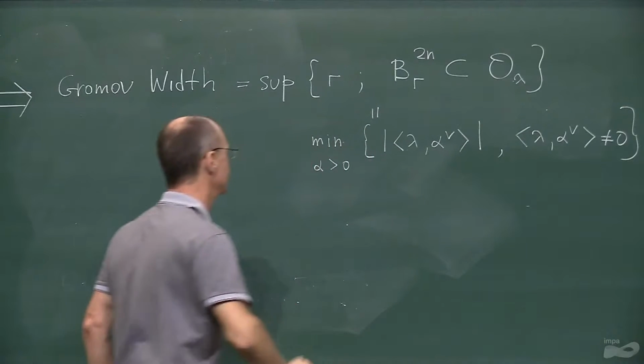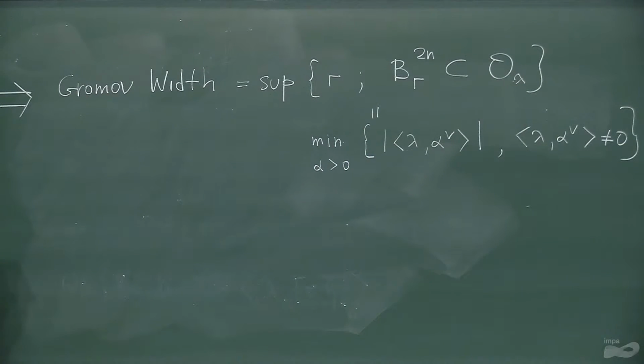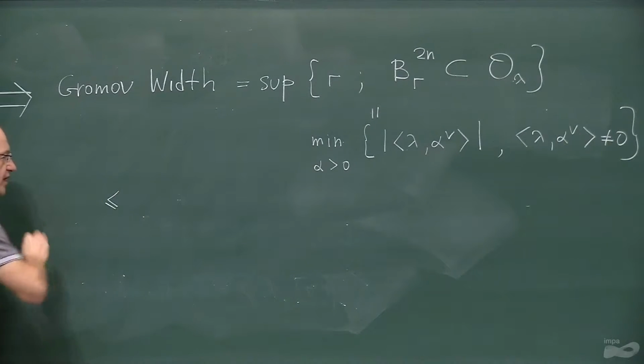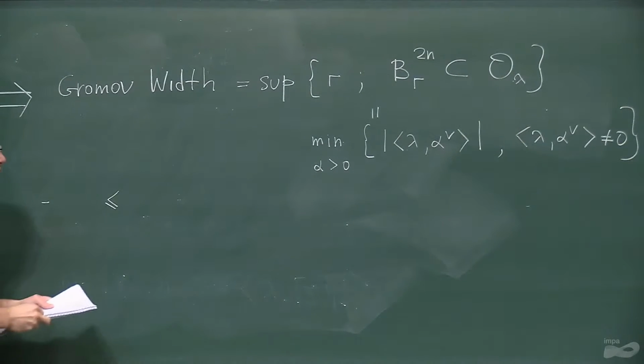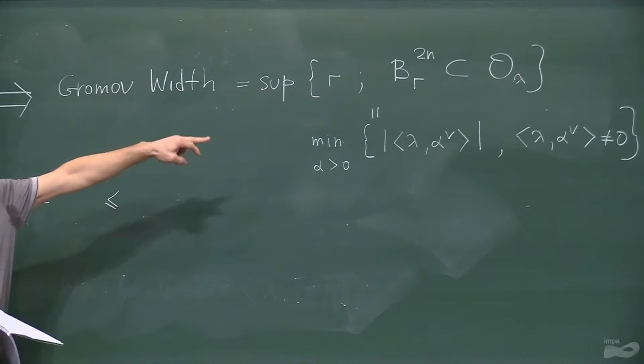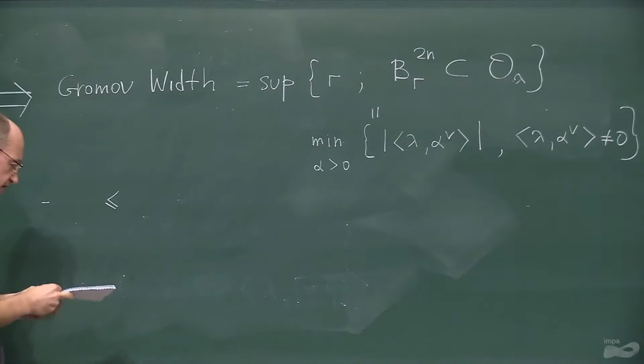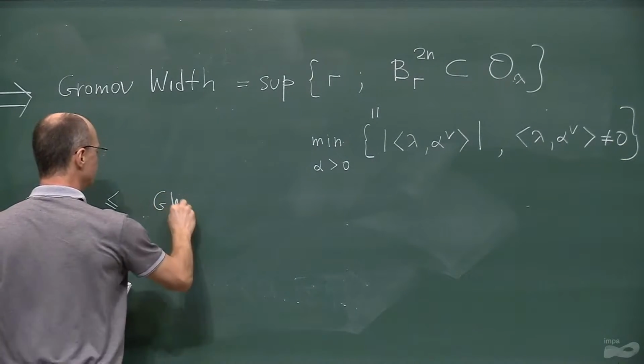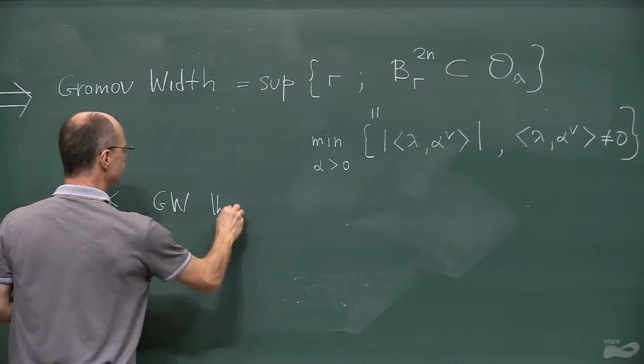That's supposed to be the answer. And what is known about it is the following. There are many results. Maybe I state the latest ones. First of all, this is an upper bound for the width, and this is obtained using Gromov-Witten theory.